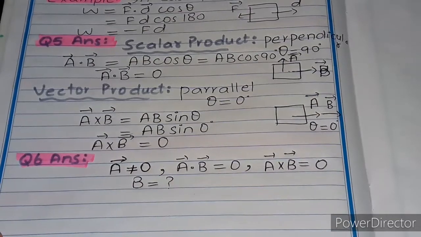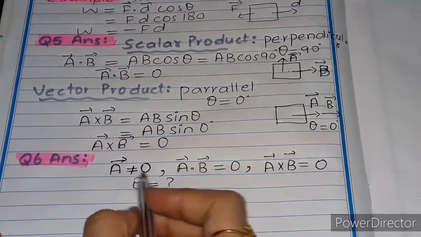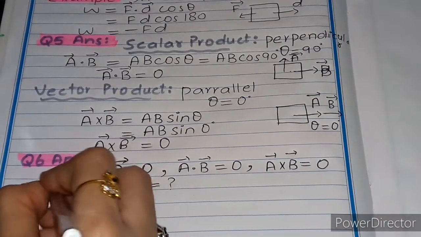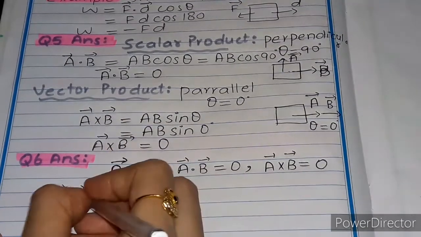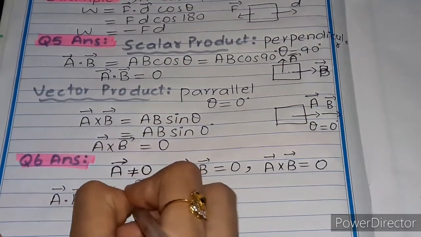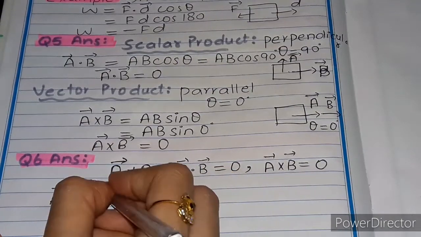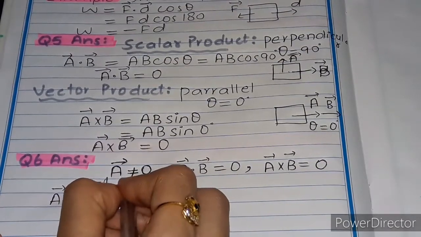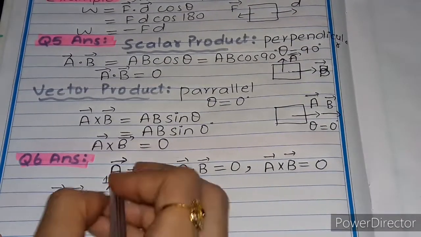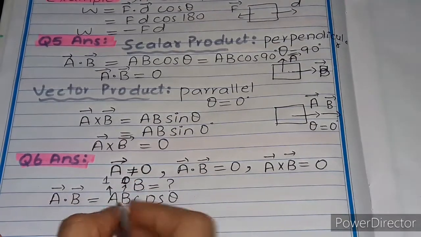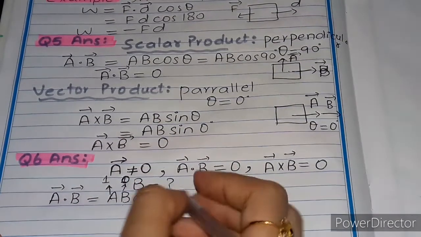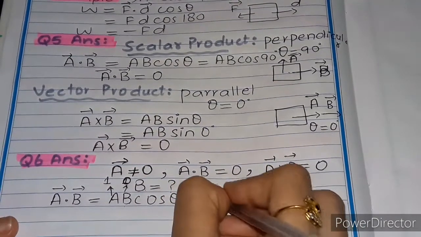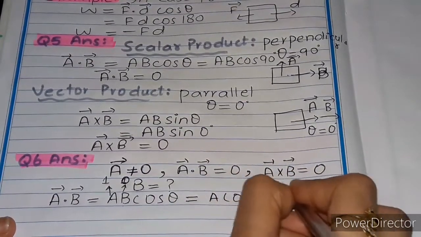B is 0 or non-zero. So if we take the scalar product AB cos theta, suppose A is 1, if we take B as 1, then it will be AB. So we have to take the B 0 to become the whole equation 0. So if we put here 0, it would be cos theta is equal to 0.